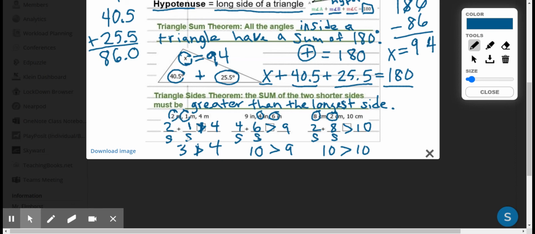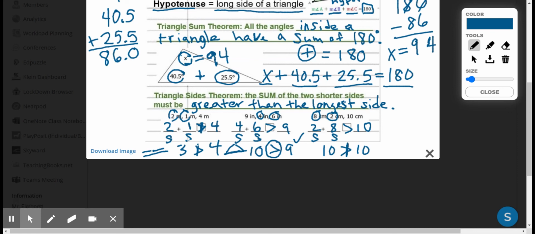So 4 plus 6 is 10. 10 is greater than 9, so this would make a triangle. 4 and 6 would be long enough to make a triangle, while 2 and 1 would not be long enough to make a triangle with 4. And then 2 plus 8 is 10. 10 is not greater than 10.